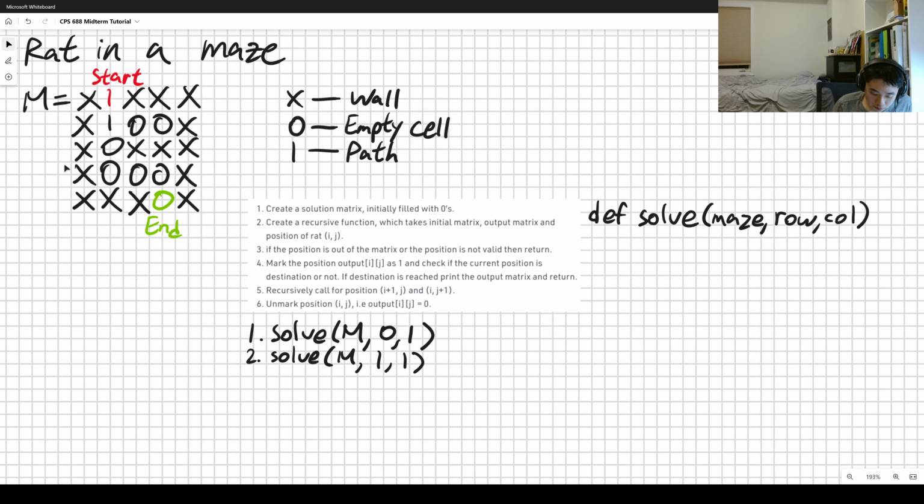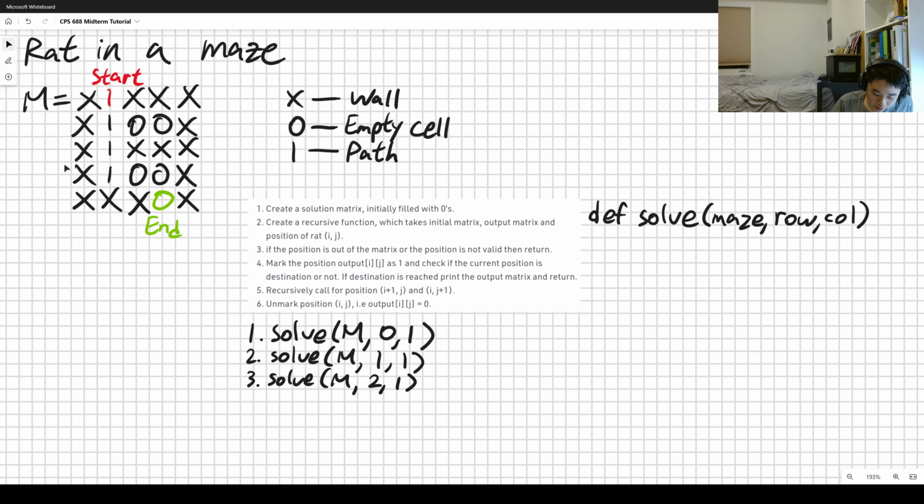Next, I will look at what's below it, and I will mark it a 1. So that is solve M 2 1. Now we look at what's below it. That is 0, so we mark it a 1.